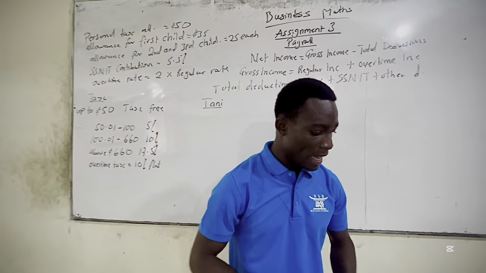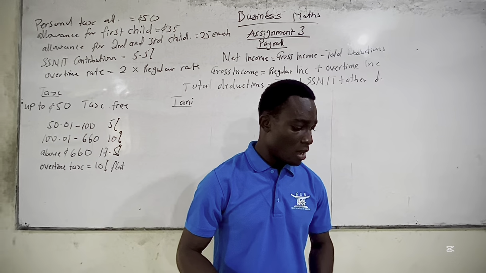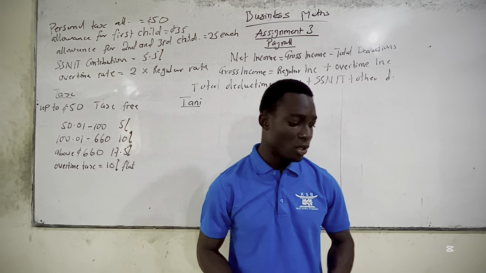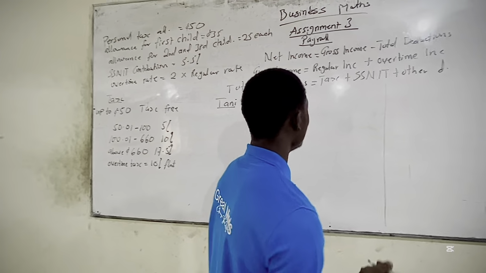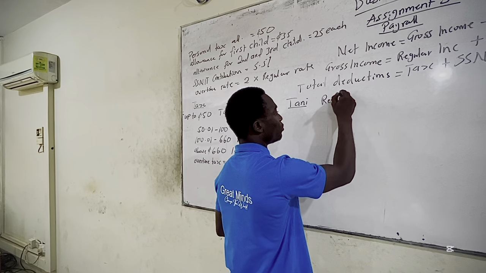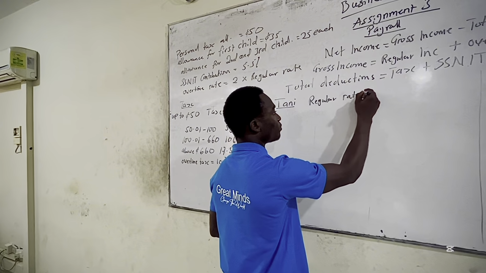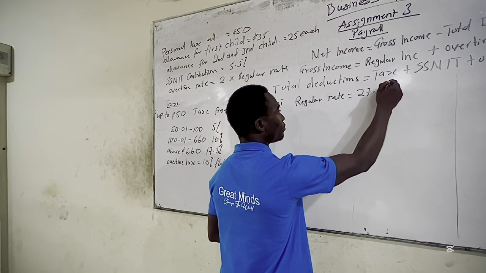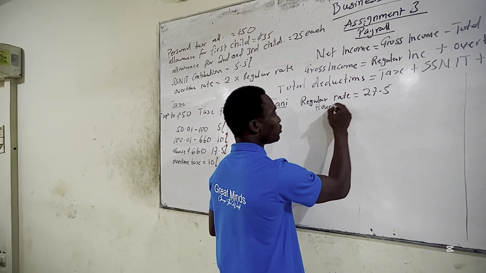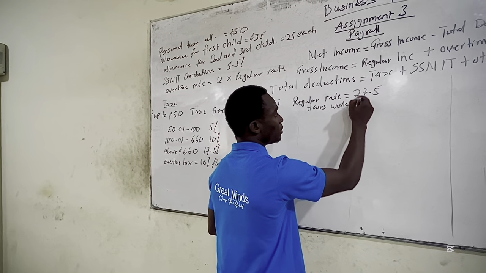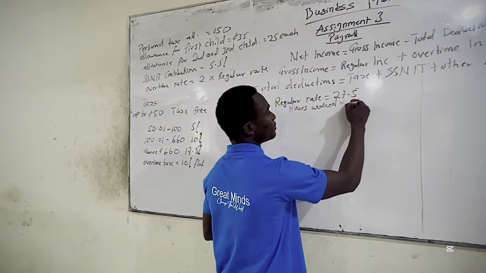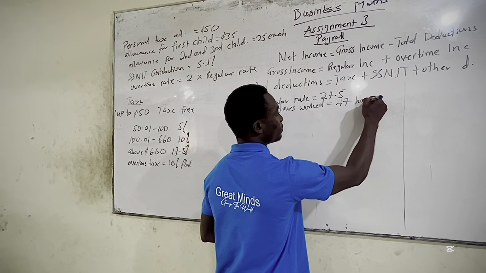Tanny has a regular rate of 27.5 cedis, and her hours worked were 47 hours. Right.